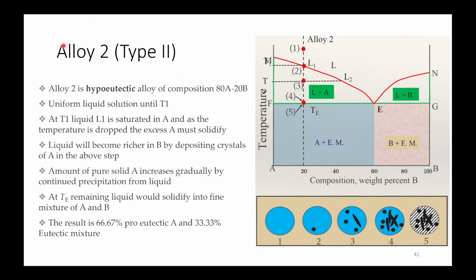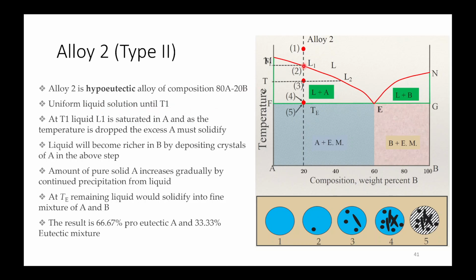Now alloy 2 of type 2, in this case we are taking hypoeutectic composition. Now how will the microstructure evolve here? For that, alloy 2 is a hypoeutectic alloy of composition 80A20B and a uniform liquid solution until T1.